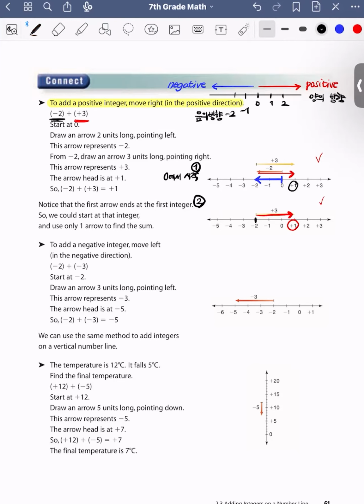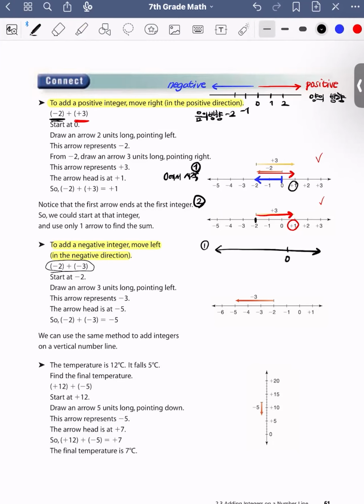Let's try this one. Adding two negative numbers. Two negative numbers, which means you have to go only towards the negative direction, correct? So for example, you need to add -2 and -3. Then you can have two different options. First one, say you start from 0.